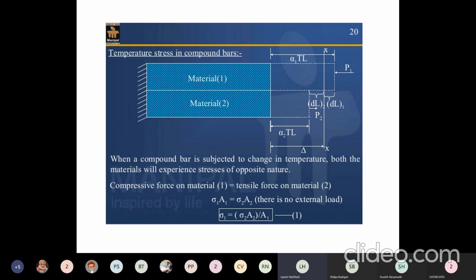Similarly, for material 2, since alpha 2 is less, it has extended up to alpha 2 T L. So alpha 1 is greater in material 1, and that is why the extension has been shown higher here. Similarly for material 2, alpha 2 is less, so I have shown it up to here.